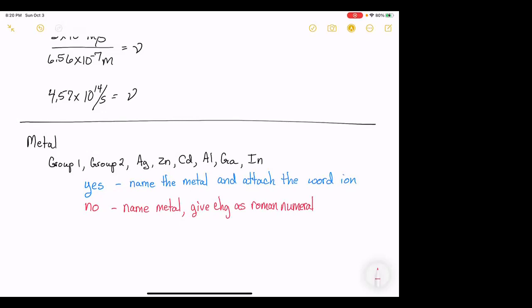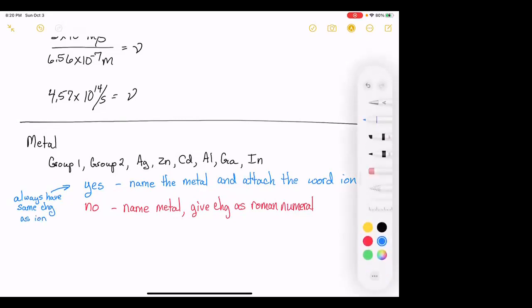Now, the reason this works is because these always have the same charge as an ion, whereas for the others, the charge varies.